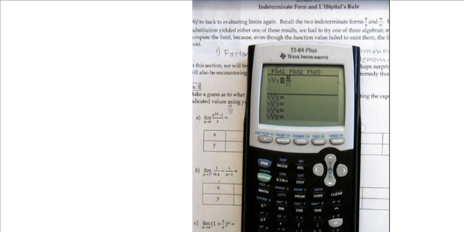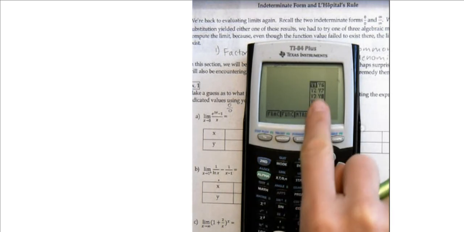So up top, we have sec e to the 3x minus 1 all over x. And then we can just refer to this as y1. And if we get out of this, you can either use the variable key or you can use alpha trace. If you hit alpha trace, it gives you the y1. This is, I think, a little quicker than the variable key. So again, that was alpha trace accessing this.